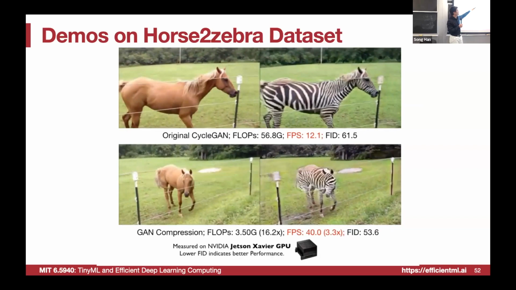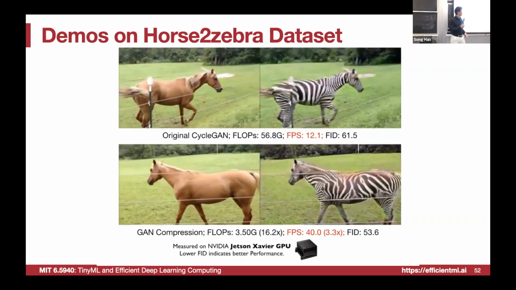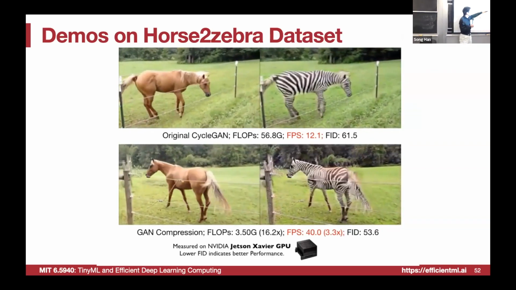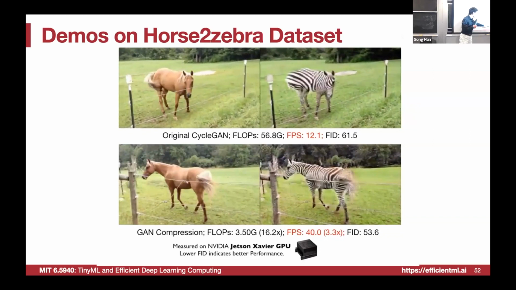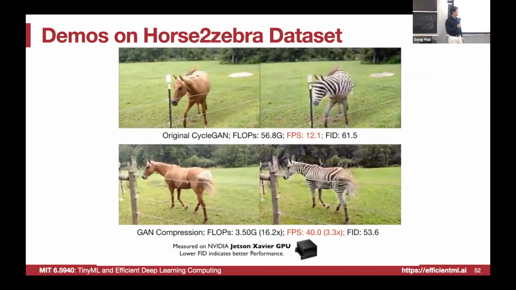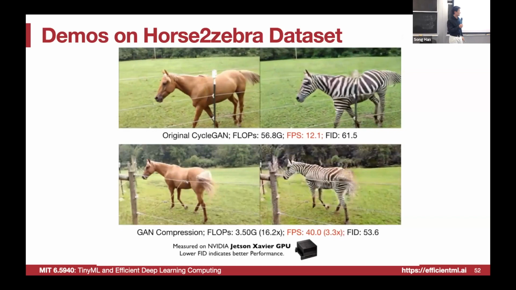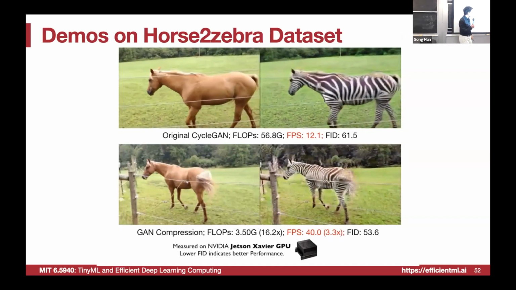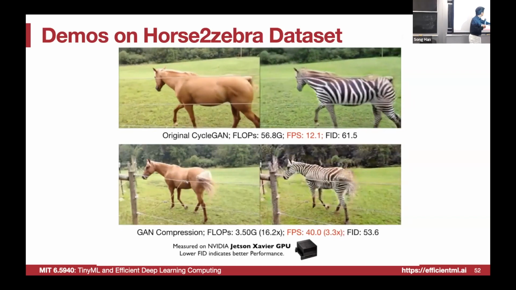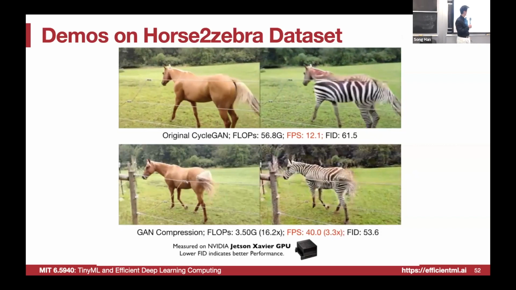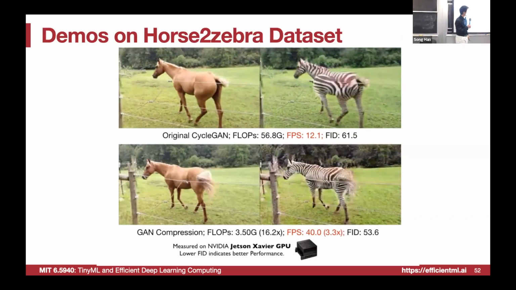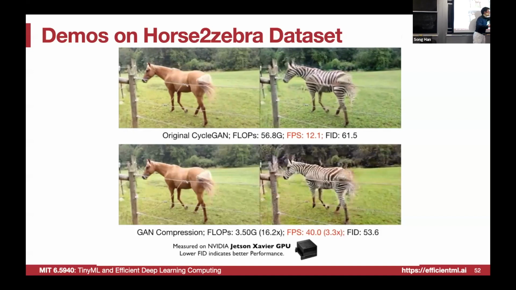Finally, we can accelerate horse-to-zebra from 56 gigaops to only 3 gigaops, a 16 times reduction. The frames per second improved from 12 to 40, and the FID, which measures quality, is even better, even lower.